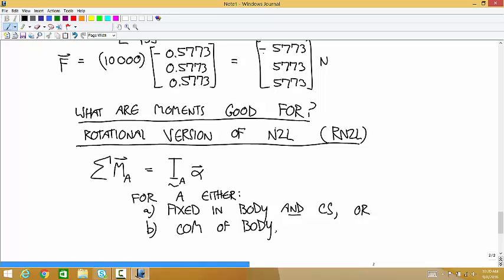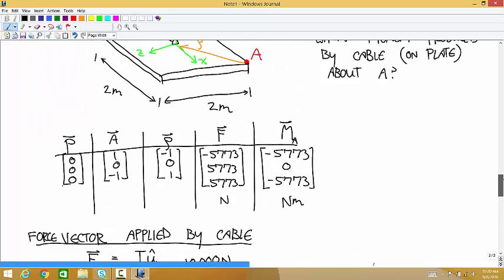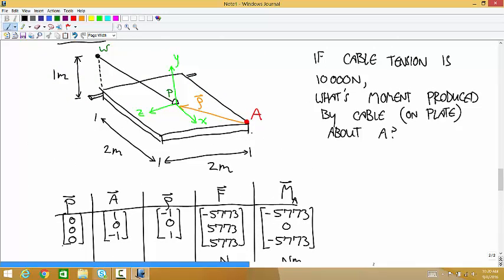Is A still 0 at this time? No, A doesn't always have to be 0. Well, actually, in our last example, it wasn't either. We chose A to be away from the origin.